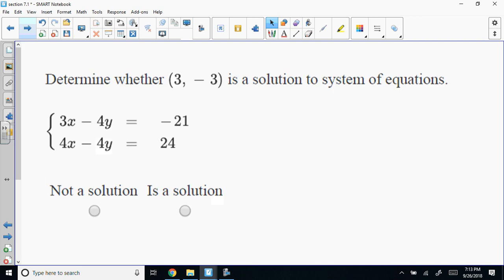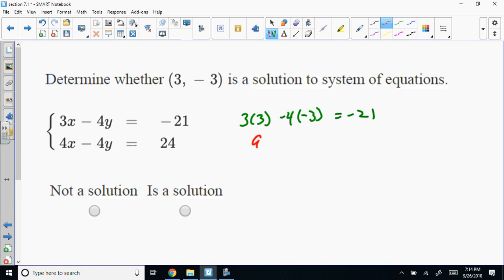All right, so it says determine whether (3, -3) is a solution to the system. Well, in order for it to be a solution, the left side should equal the right side, not only for one equation, but for both. It's got to work in both of them. So we look at this: 3 times 3 minus 4 times -3. It has to equal -21.